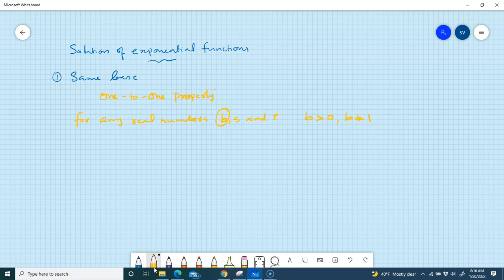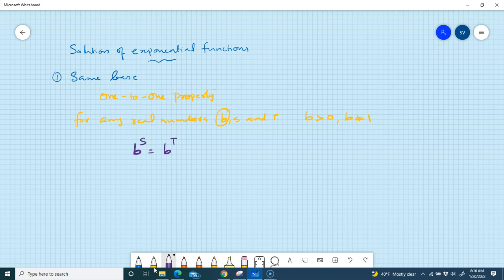These are the two important conditions. That is also the condition for the exponential function. If b, s, and t satisfy all these conditions, then we can write the one-to-one property as b to the power s equal to b to the power t.